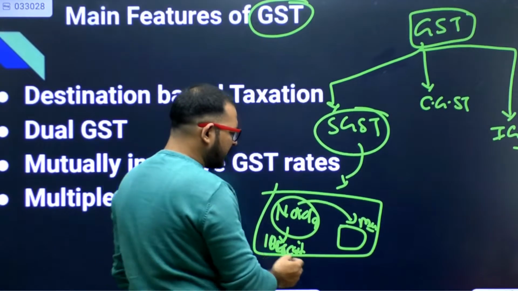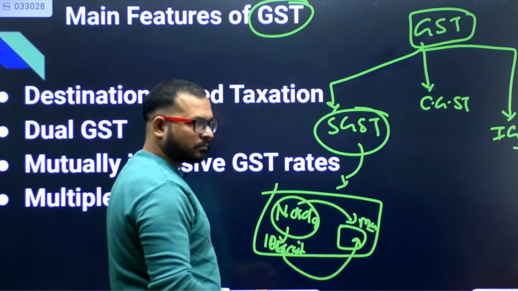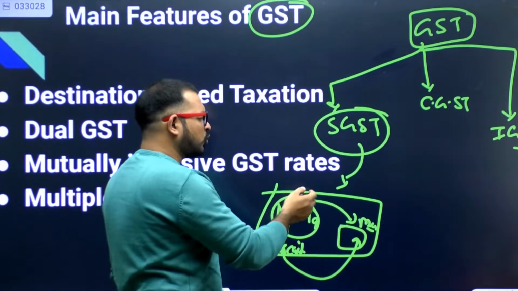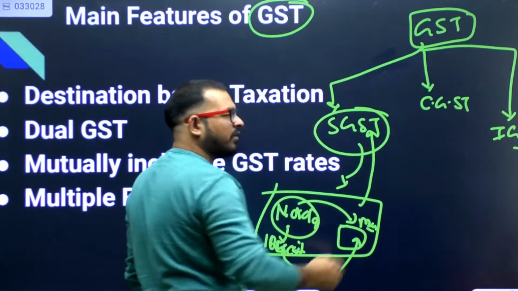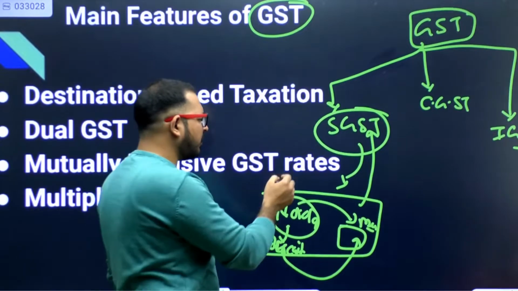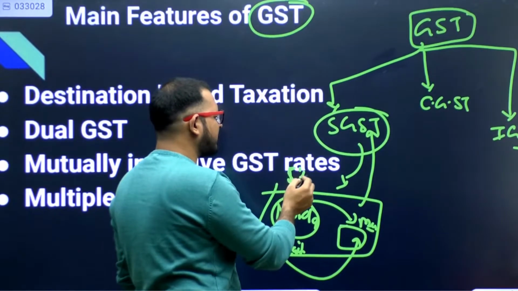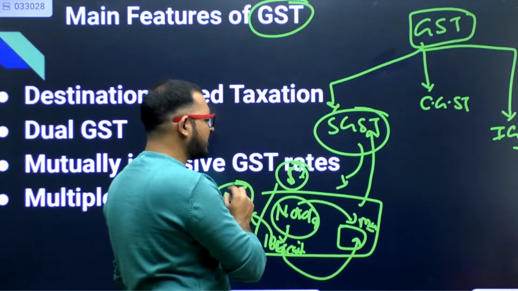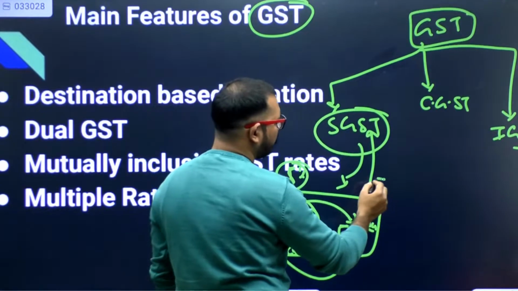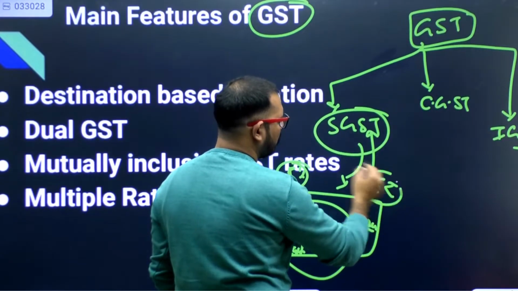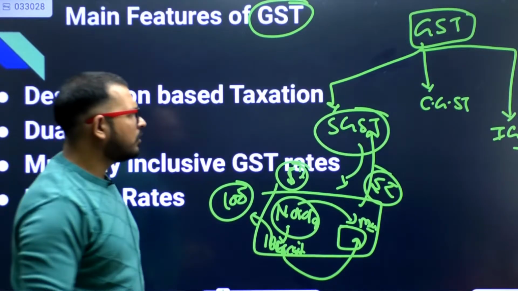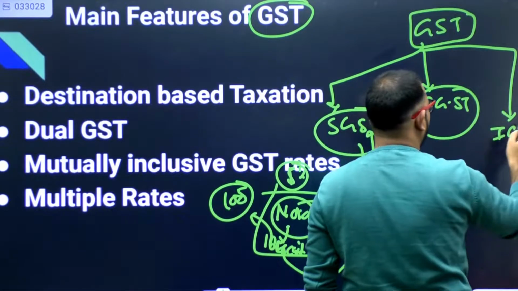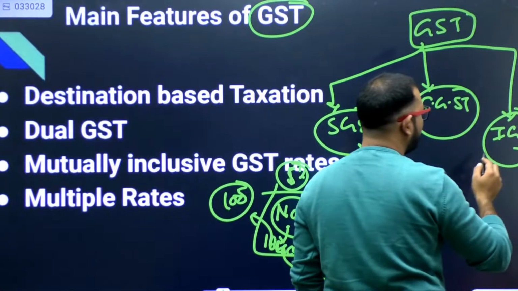So the biscuit is being consumed here in Meerut, though it was made in Noida. So here the SGST will come into the picture. Let's say 5% SGST is there on the biscuit. Let's say one biscuit packet costs 100 rupees. So the SGST becomes 5 rupees. The same goes for the center.